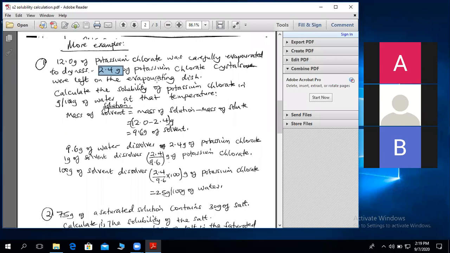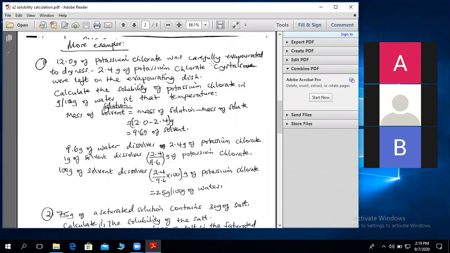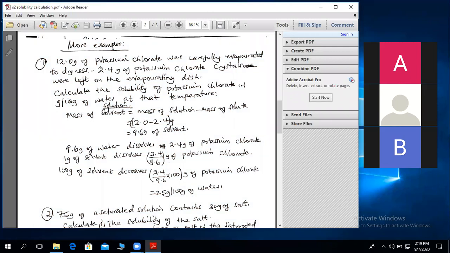I want you to understand the question properly. 12 grams of potassium chlorate was carefully evaporated, meaning that 12 grams is the mass of the solution. It is the mass of the solution containing water and potassium chlorate. And when it was evaporated, you only remained with 2.4 grams of potassium chlorate crystals.